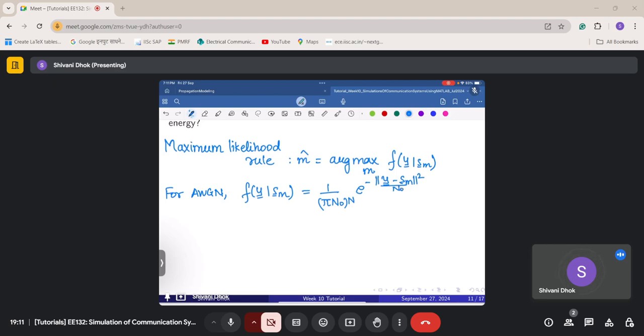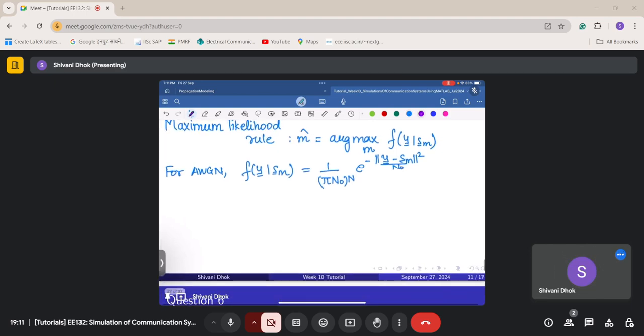Okay, so therefore M hat is equal to argmax over M of 1 upon (pi N naught) to the power n into e power minus norm of (y minus Sm) square by N naught.